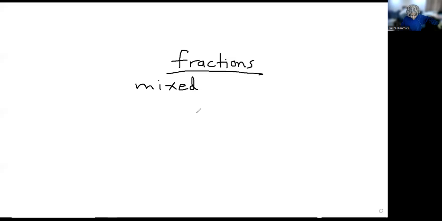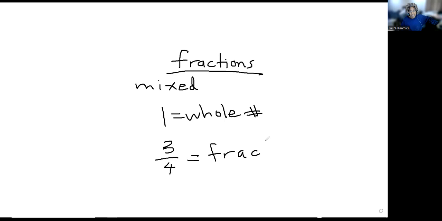That is a combination of a whole number, for example, 1 equals a whole number, and a fraction, which is like 3/4. So a mixed fraction is like 1 and 3/4.